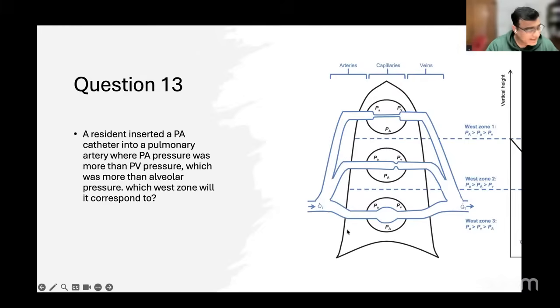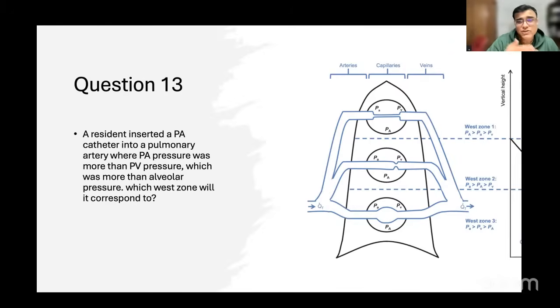Somebody is saying that shunt was the option given there, so I think shunt would have been the correct option. And somebody is saying arterial more than alveolar more than venous pressure.